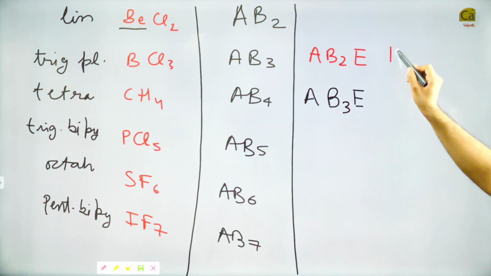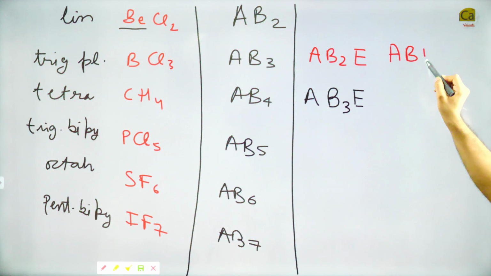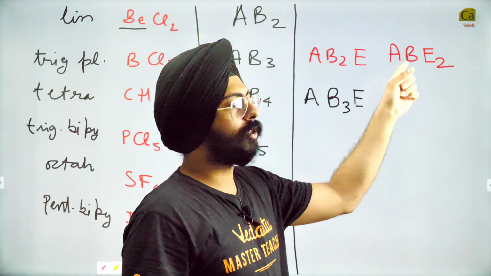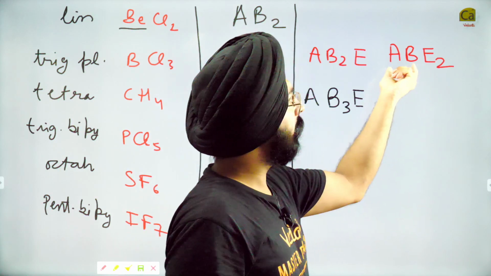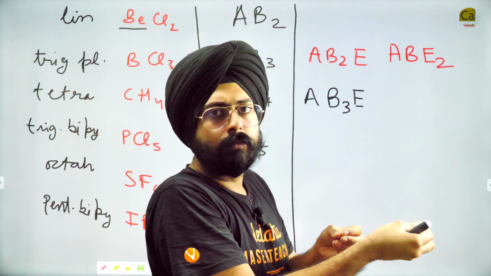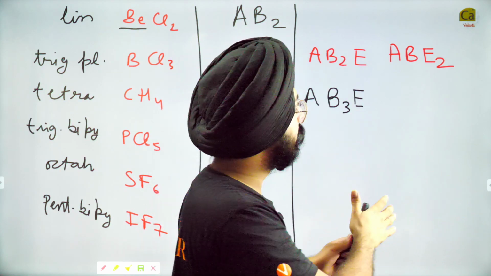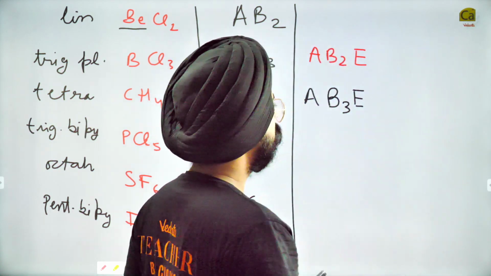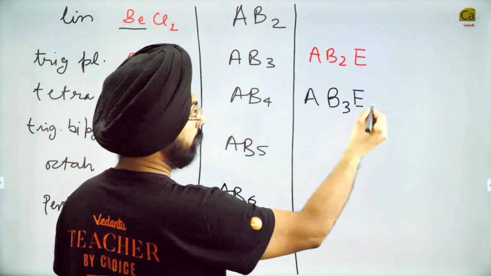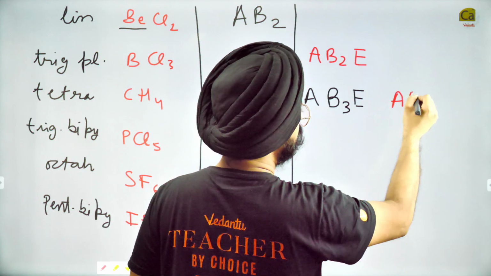You would say that, sir, there could be another case ABE2. Once again, there is no need to write this case because there are only two atoms in this particular molecule. Two atoms will always be linear. एक यहाँ एक यहाँ, it will always be linear. So no need to write the cases where there is only one bond pair. ठीक है? There could be another case over here, AB2E2.